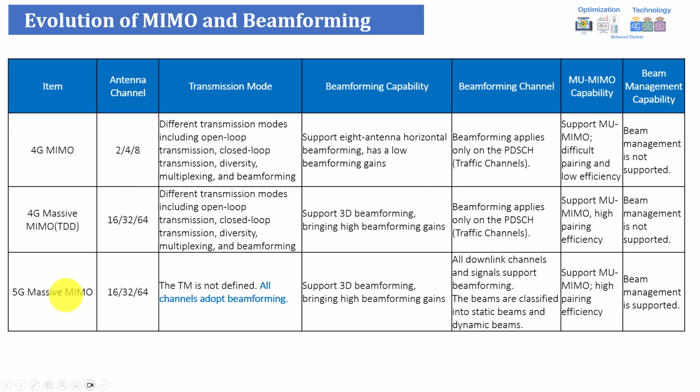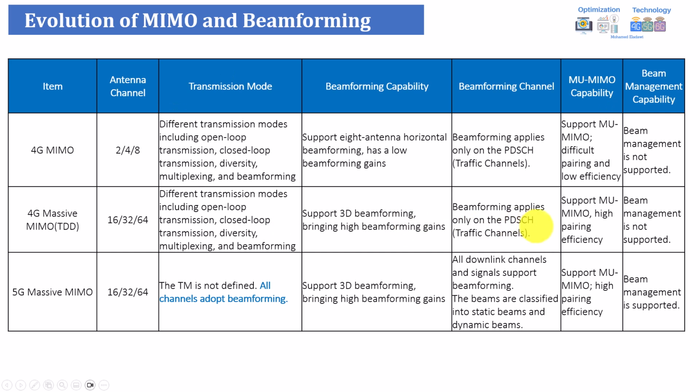Then, before going to 5G, massive MIMO was first introduced for 4G TDD. I've worked in different networks on that particular topic, and we did a lot of optimization. It was very close to what we have in 4G MIMO, but with much better performance. For example, it worked with the same transmission modes. For beamforming capability, it supported 2D or 3D beamforming, where you have the elevation and azimuth planes, which are vertical and horizontal, as explained.